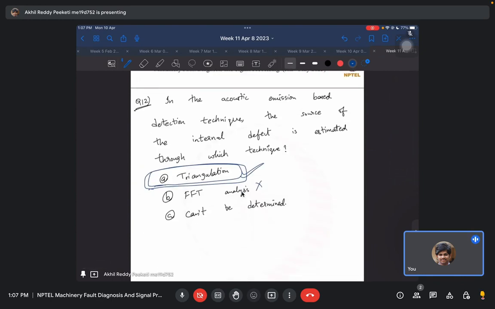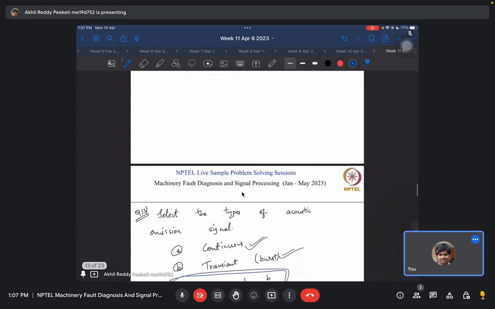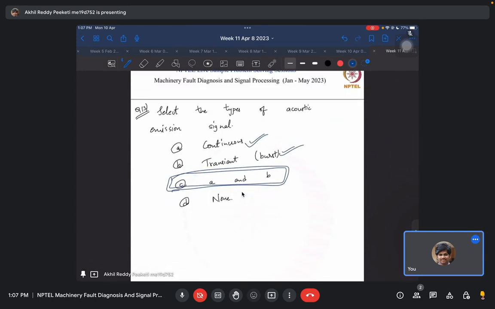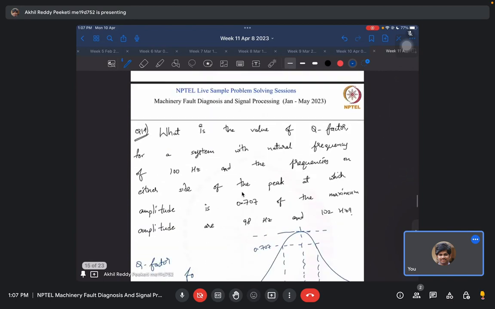In this acoustic emission based detection technique, you can also detect the location of the crack by the triangulation technique. And this acoustic emission signal can be a continuous signal or can be just a transient or burst type of signal.